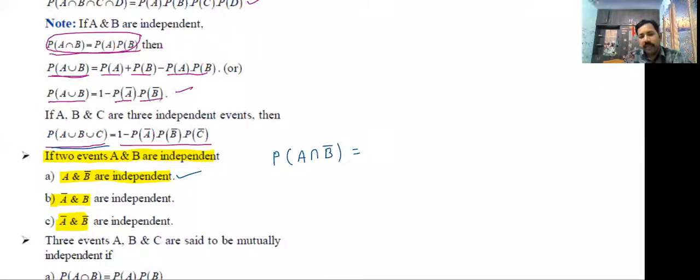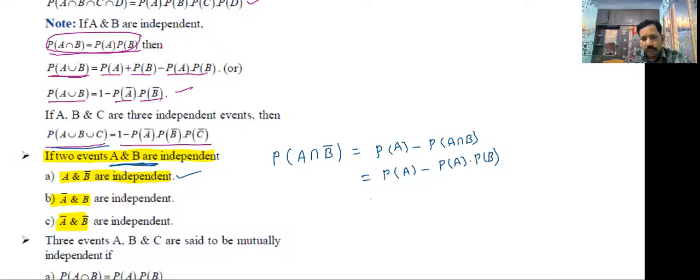A intersection B complement means the formula P of A minus P of A intersection B only. Already given A and B are independent events. So P of A minus P of A intersection B means we can write P of A into P of B. Now observe these two.